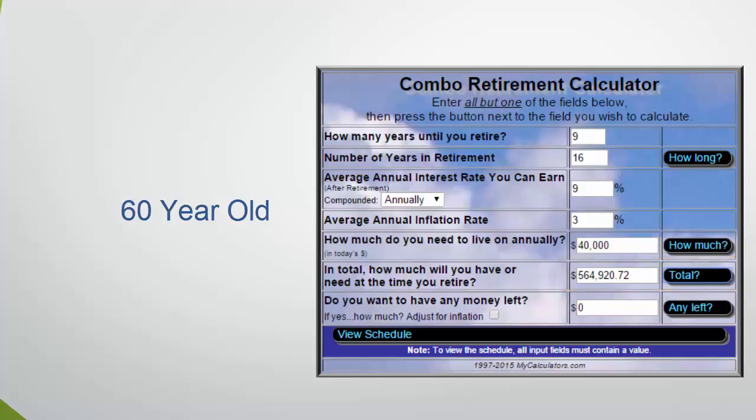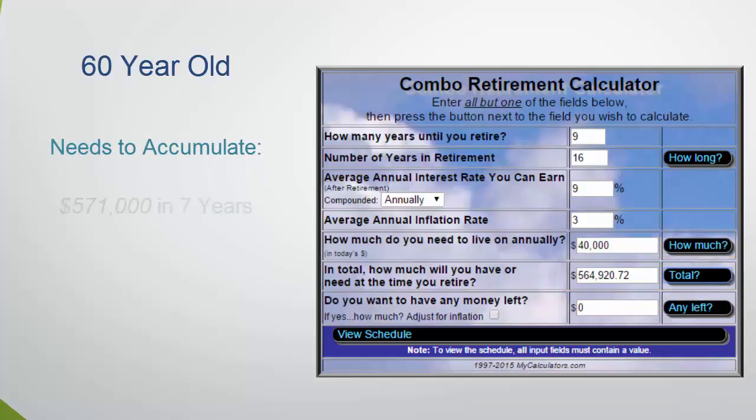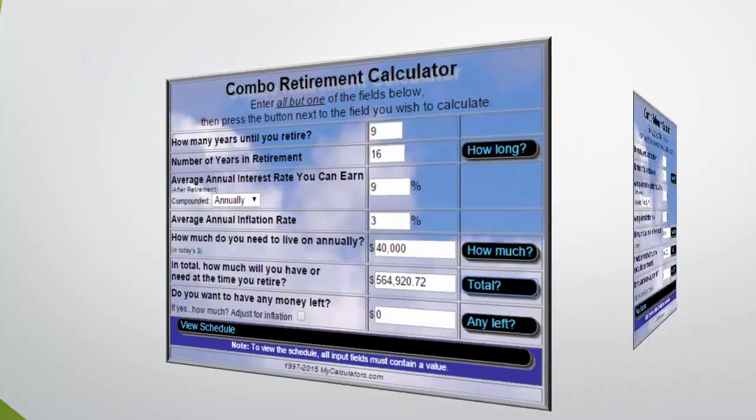And you might be saying, well, wait a second, it only dropped $7,000 and I'm delaying retirement by 2 years. Well, the thing to remember here is they actually have 2 more years to accumulate that number. So rather than in 7 years they have to accumulate $571,000, now they have 2 additional years. They have a total of 9 years to accumulate a little less, $564,000. So this is a very doable number for them, and they think they can do that.